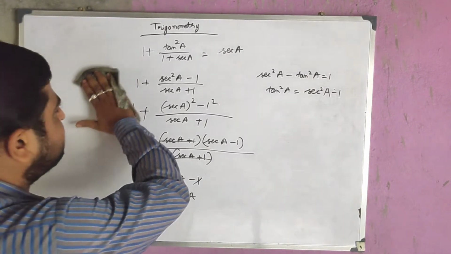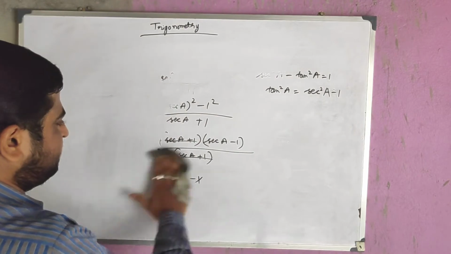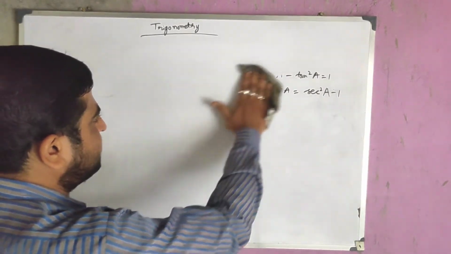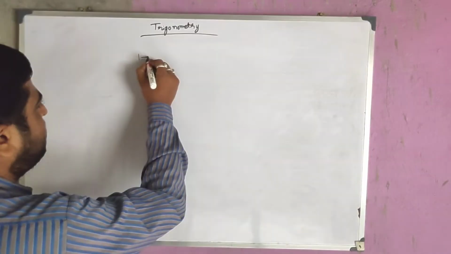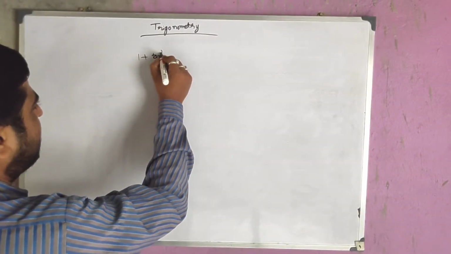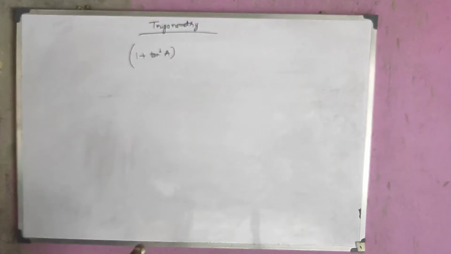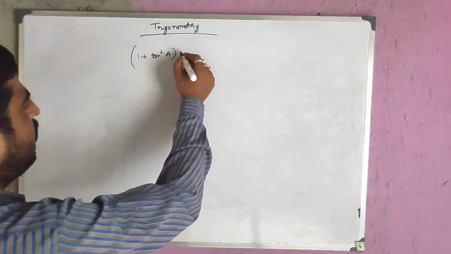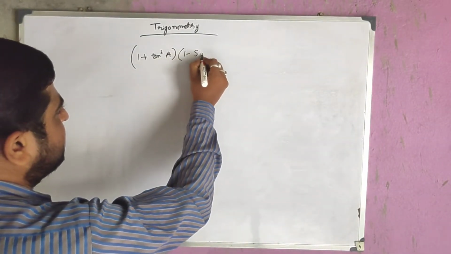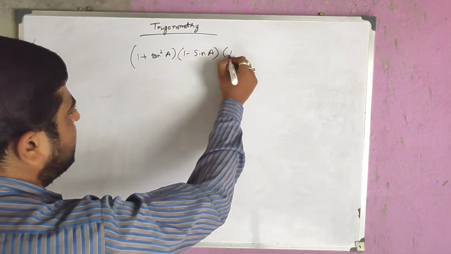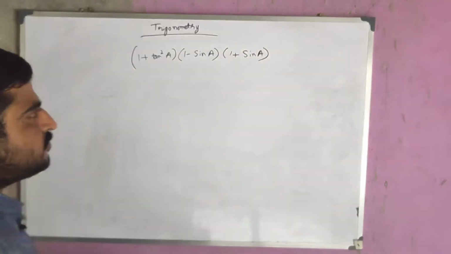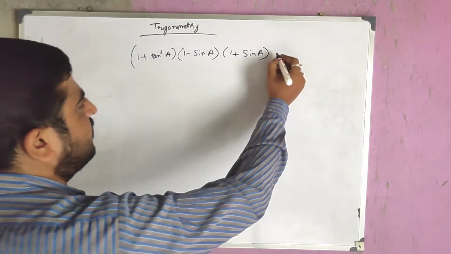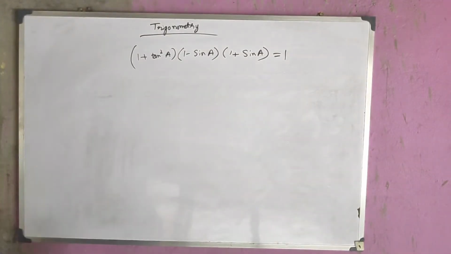Next sum: (1 plus tan square A) into (1 minus sin A) into (1 plus sin A) equals 1.